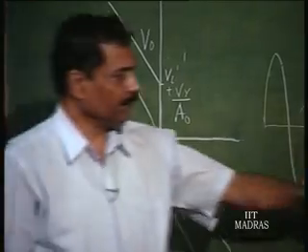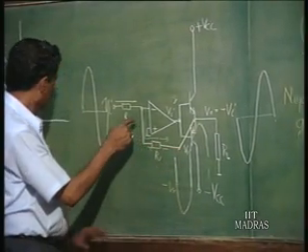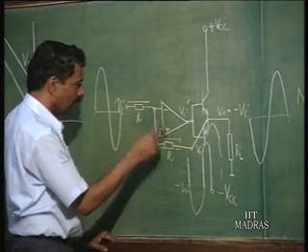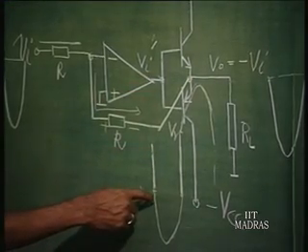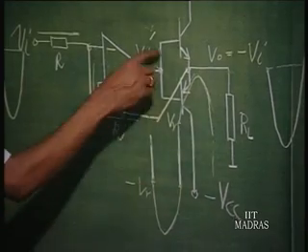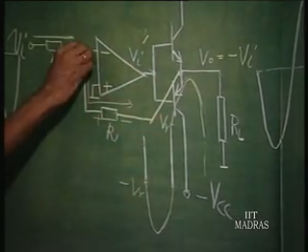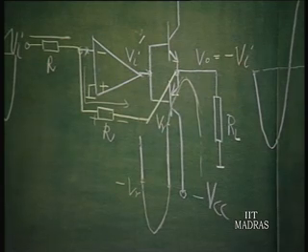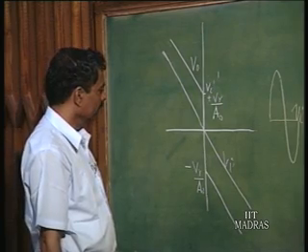So, at this particular point, okay, this is the characteristic. At this point, it is going to be V gamma up and V gamma down, okay, and the voltage here is going to be V gamma by A naught. So, that is the error.